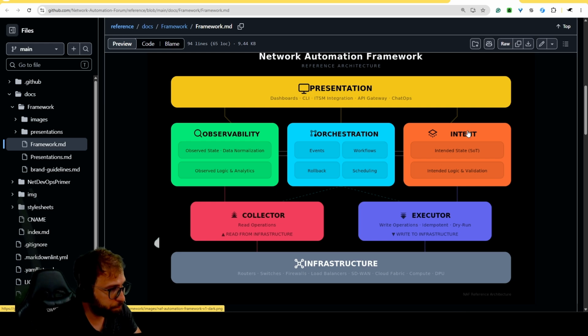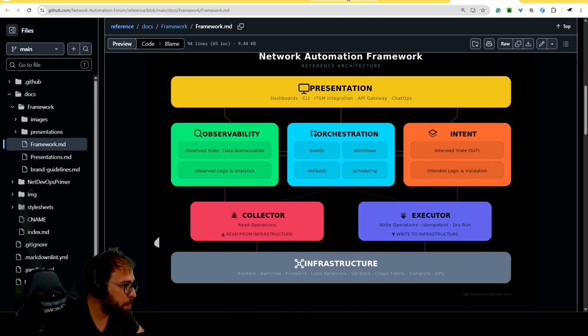And then we have the intent. So, for example, for the intent, we have some platforms that are created here, like SoT, sources of truth, that are very good at answering the question: what is our network made of?